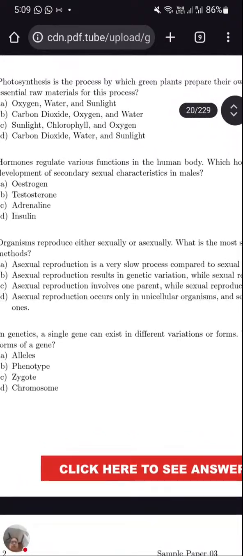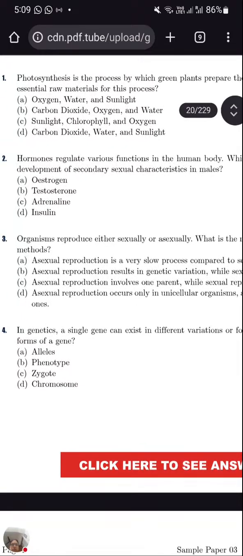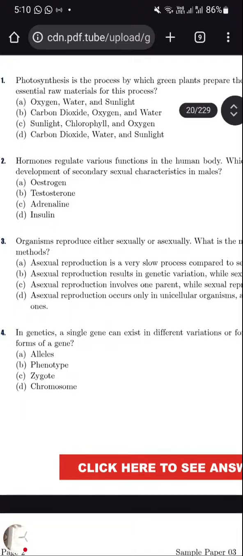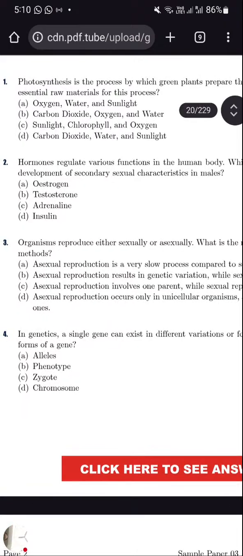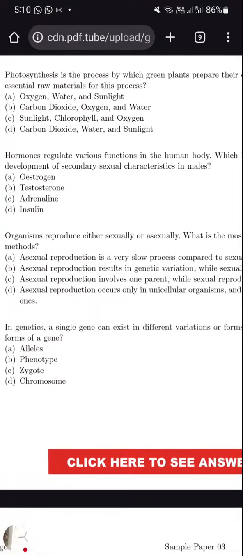During photosynthesis, what are the essential raw materials for photosynthesis? Write down the answers, only options are sufficient. If you can complete these four questions. First question is, what are the raw materials for photosynthesis? Second question, hormones regulate the various functions in the human body for the development of secondary sexual character.